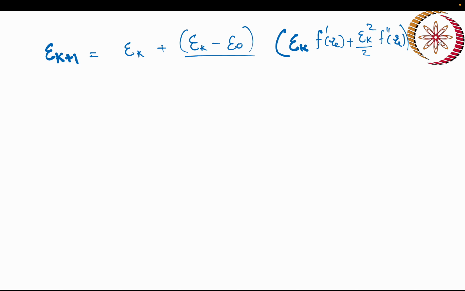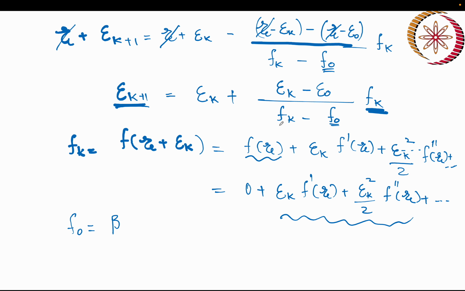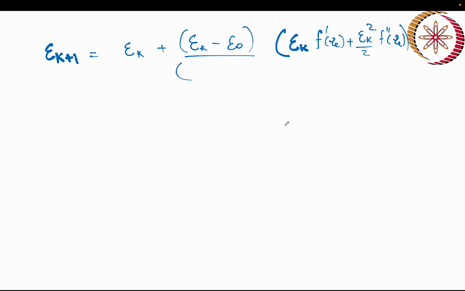Okay, and then higher order terms are neglected, or we can just put dot dot, but it doesn't affect our solution. Okay, so in the denominator also fk is there.